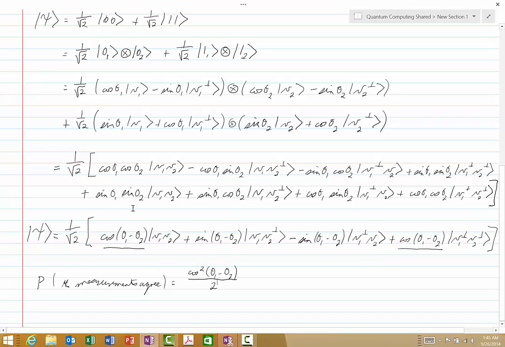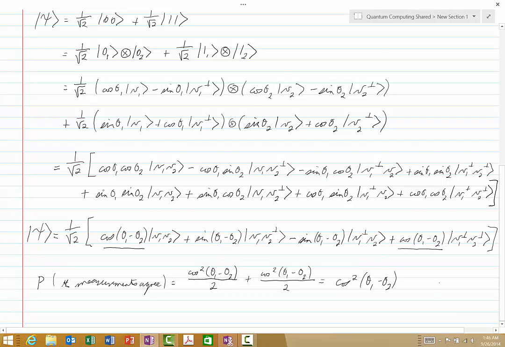That's the first coefficient squared, taking into account the 1 over square root of 2 out front. And when we square the second coefficient, we get the same thing, cosine squared of theta 1 minus theta 2 over 2, which just comes out to be cosine squared of theta 1 minus theta 2.